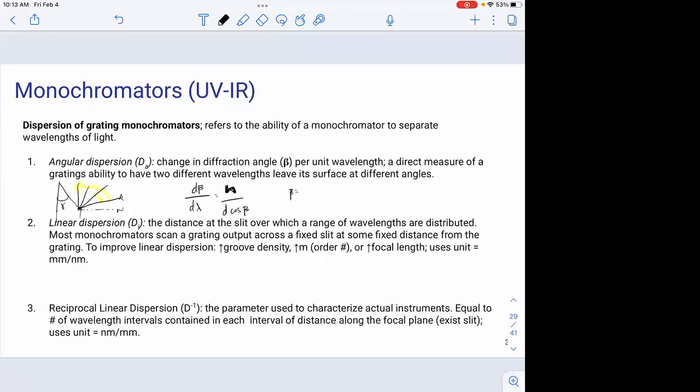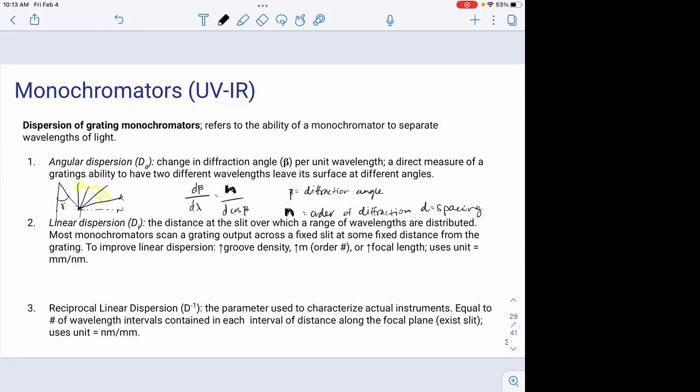Remember that β is the diffraction angle. Bold n is the order of diffraction. And d is the spacing between the blazes on that grating. Okay, so angular dispersion is pretty useful.